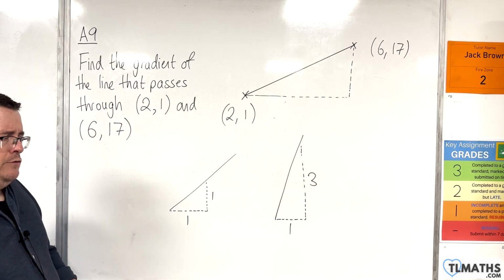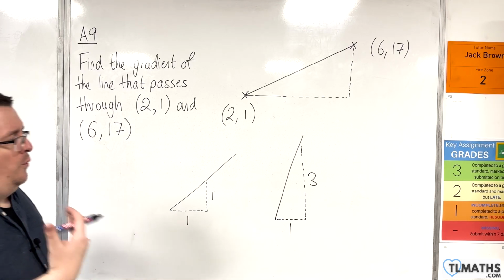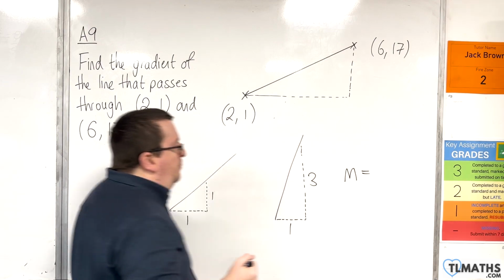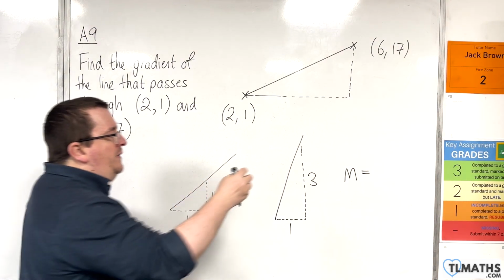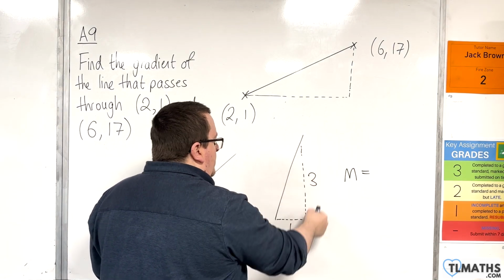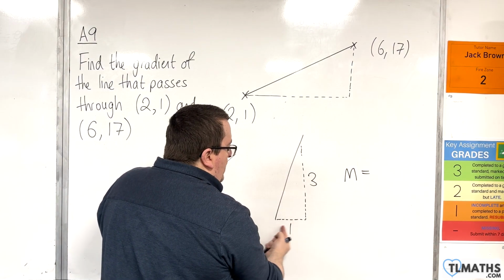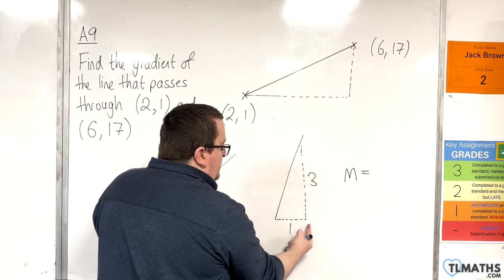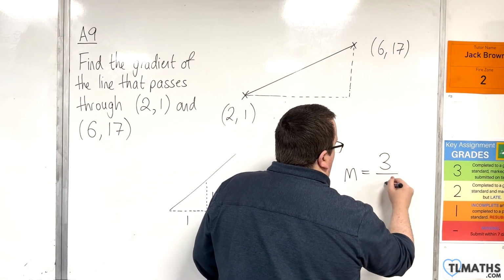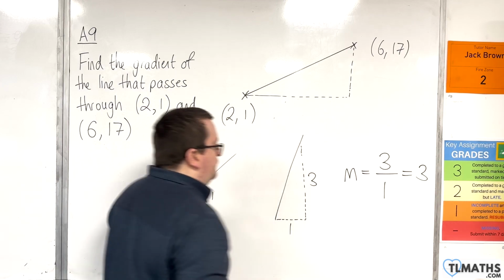So how am I calculating that? Well, the way that the gradient is calculated is by looking at the change in the y-coordinate, so this length here, divided by this length here. So 3 divided by 1 gives me the 3.